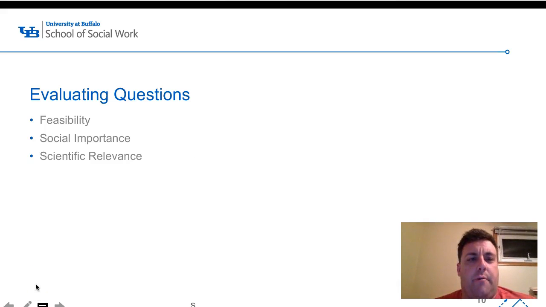So there's three general questions that researchers use to evaluate what makes a research question good. Those generally are feasibility, social importance, and scientific relevance. Feasibility simply means: is the question something you can answer? That typically means that research questions are very narrow, and that's the way research moves ahead.